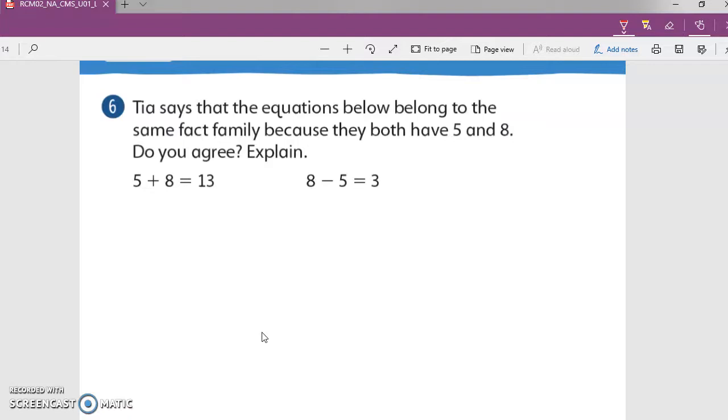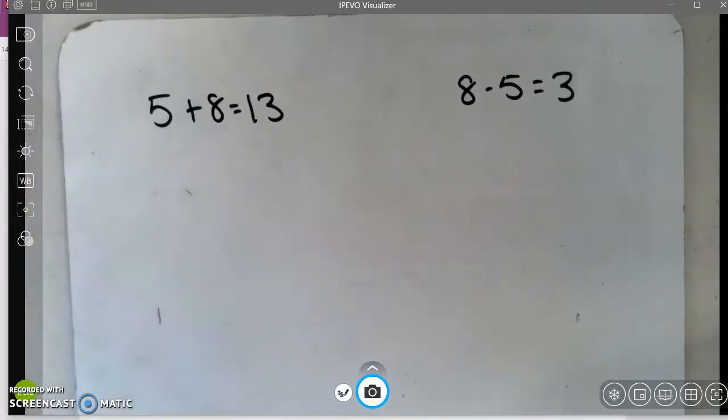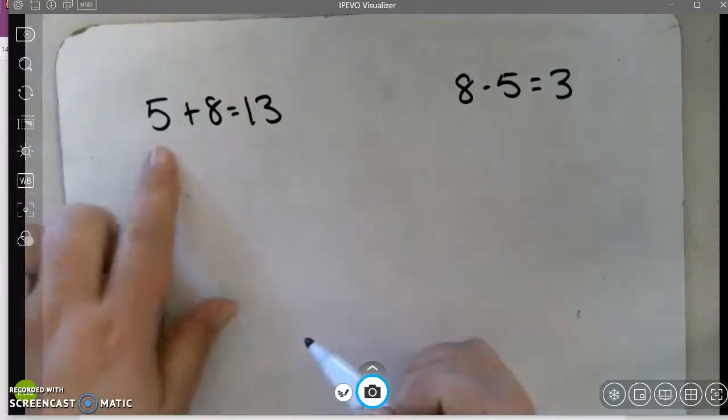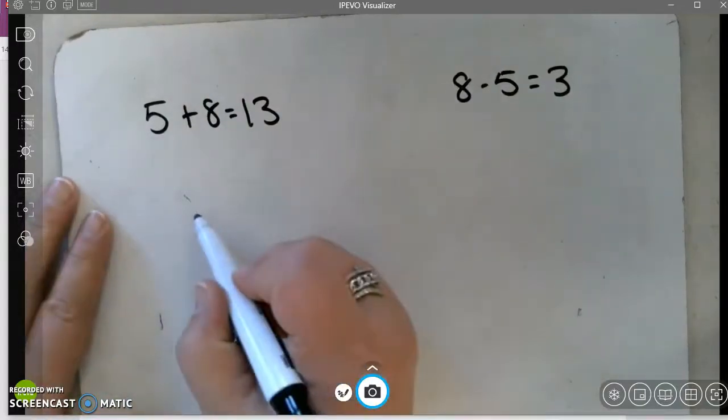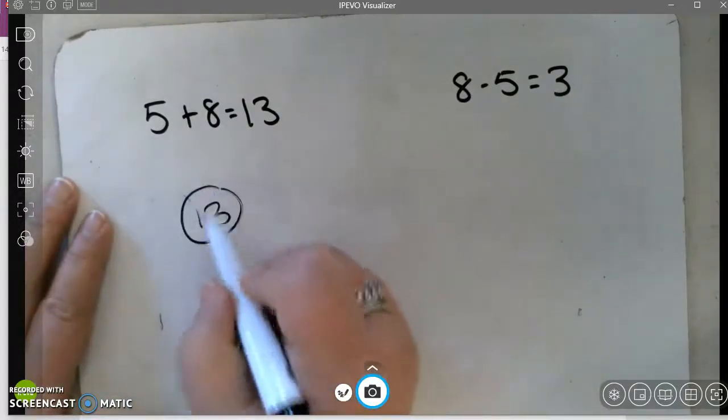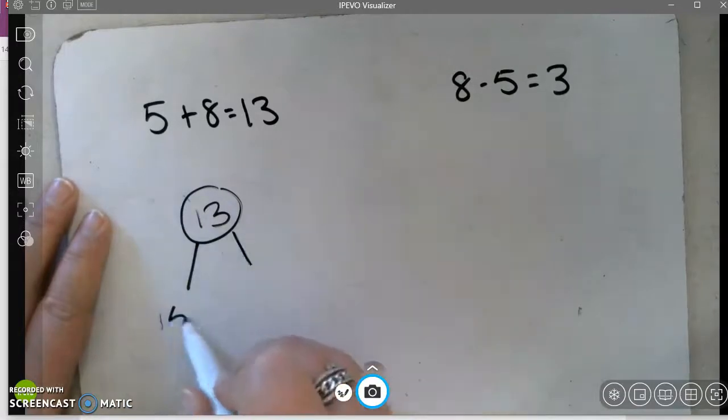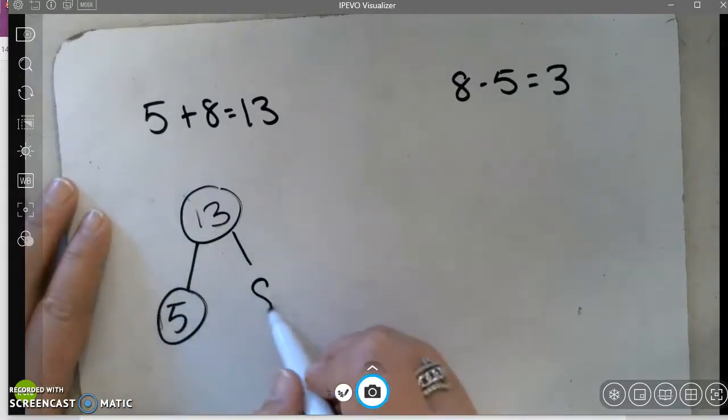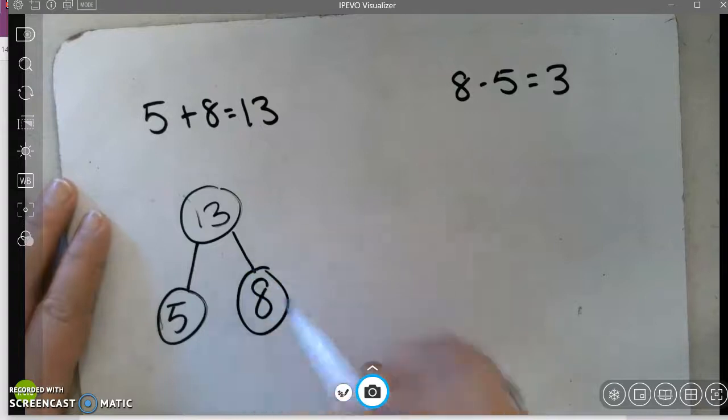5 plus 8 equals 13, and 8 minus 5 equals 3. All right. Let's look at our fact family. So they're saying that 13 is the whole number, and 5 and 8.